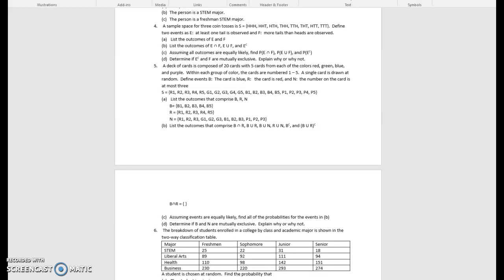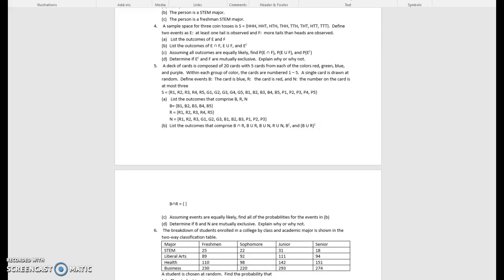We're looking for what B and R have in common. Remember, our upside down U is what they have in common. If we look at these two, they really have nothing in common. So this is the empty set, which we can symbolize with just empty set brackets.